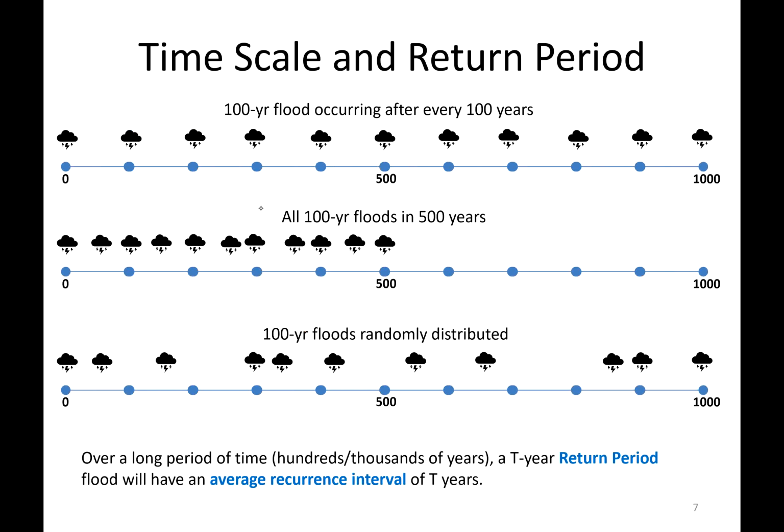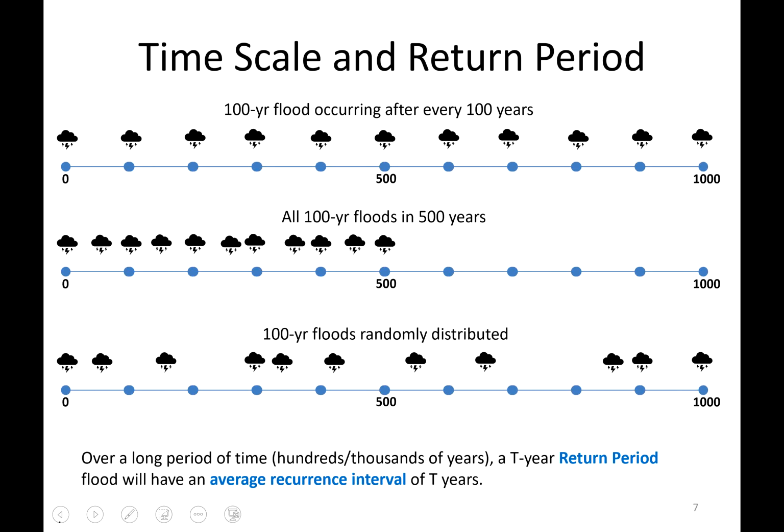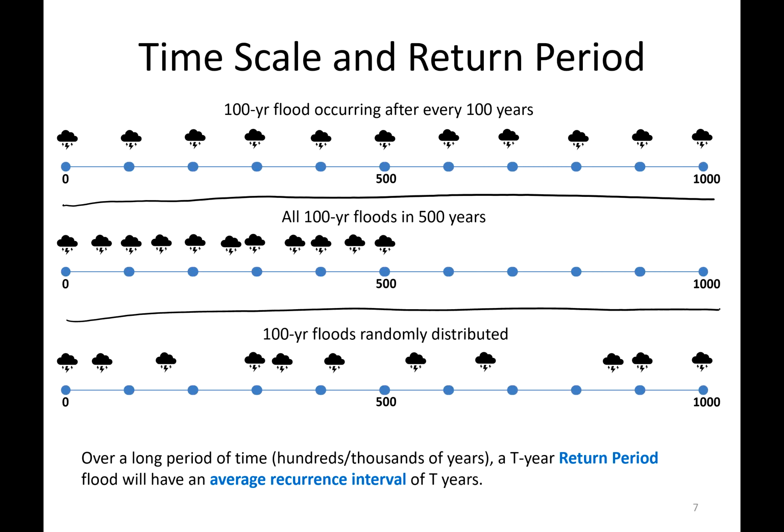So what I'm showing you on this slide is a time scale. I'll just divide this into 3 parts. What you see here on the blue line is just time, and each circle represents 100 years. So 0, 100, 200, then there is 500 in the middle, 1000 here, and then you see a flood event.